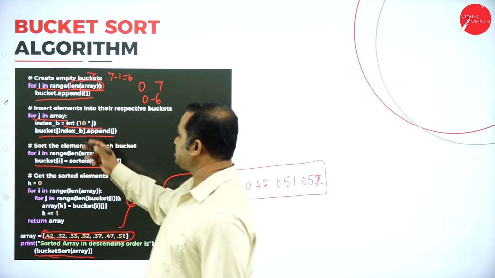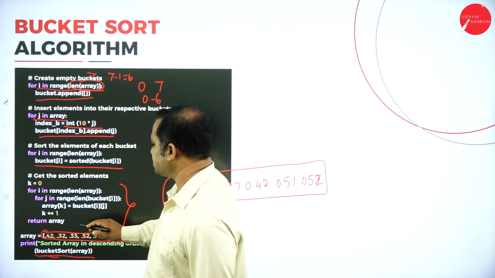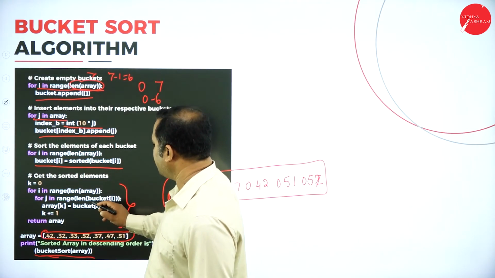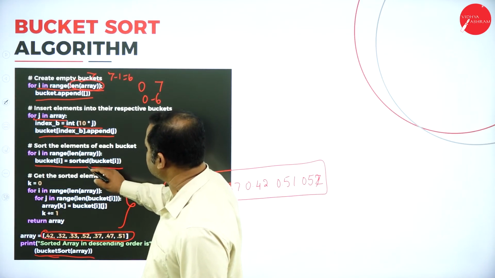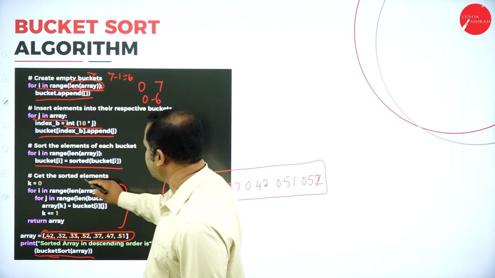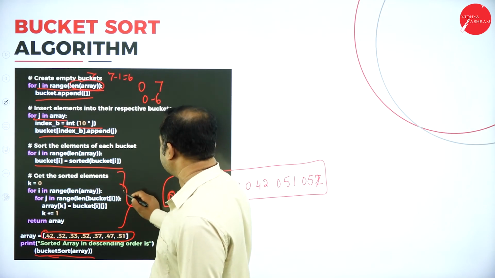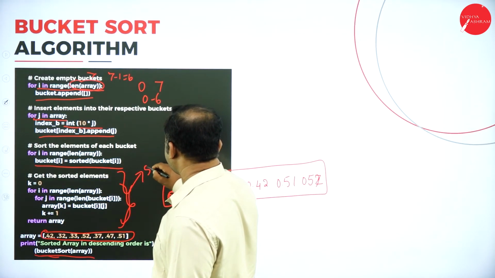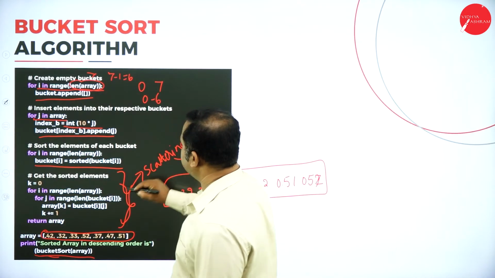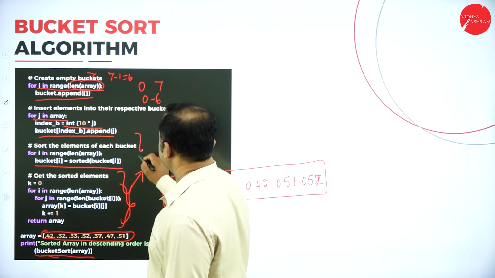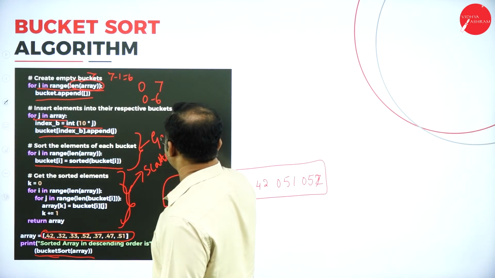Suppose if I reverse the function here, that is how I am going to reverse. So let me have the comparison operator here, sorted of bucket, to get the sorted items. This part is called scattering. This part of the bucket is called sorting or gathering.